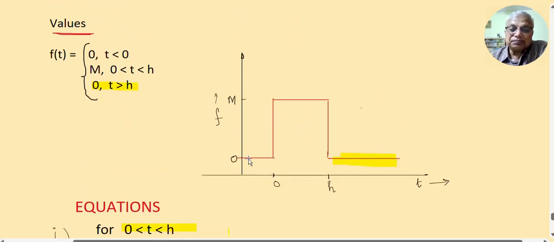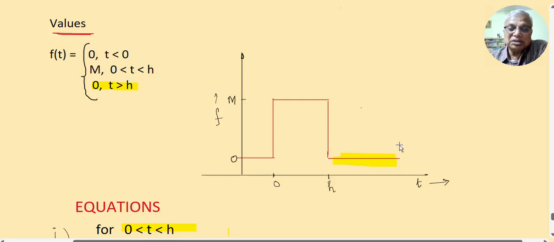Suppose the value of the variable suddenly changes from one constant value to another constant value at time t equal to 0, remains there for a certain period of time h, and then instantaneously returns to the original value.